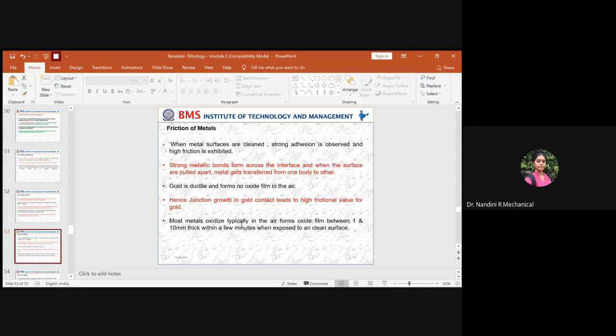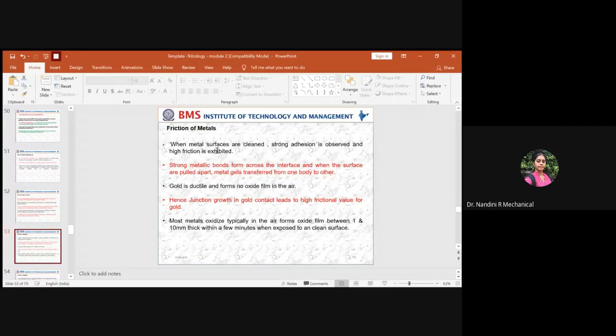If you are using two metals as your two mechanical components, and the metal surfaces are clean and have very strong adhesion, then you can observe that it is associated with high friction. Why? You are not using any lubricant film in between. You have two clean metals with strong adhesion against each other, and they will exhibit a high amount of friction.